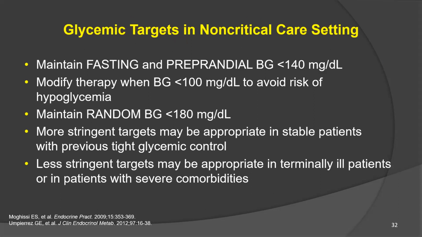So, what are the glycemic targets in non-critical care setting? Maintain fasting and preprandial glucose level less than 140. Modify therapy when blood glucose is less than 100 to avoid any risk of hypoglycemia. Maintain random blood glucose less than 180. So you see, you are trying to maintain the blood glucose between 140 and 180.